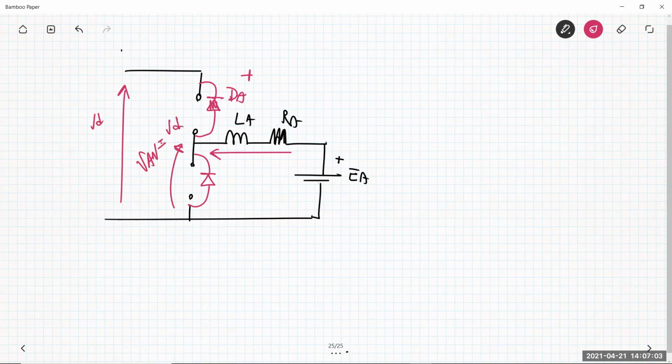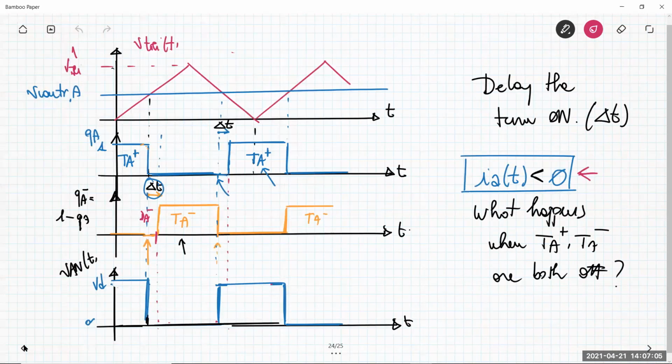So in this interval, the voltage now is VD, instead of 0 as in the ideal situation. The same happens for the second time interval in which you apply that time. And in this case, the situation is exactly as before.